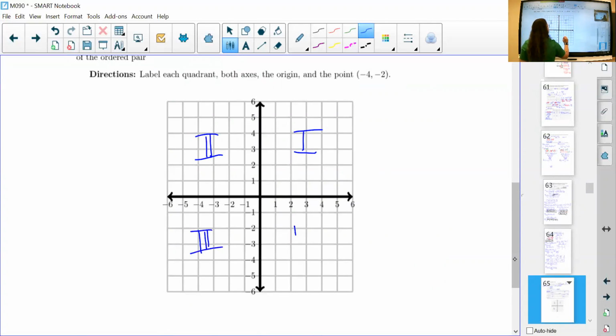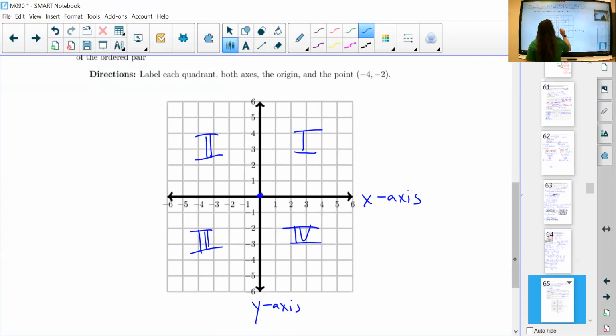Labeling the axes. So the x-axis is horizontal, the y-axis is vertical. I remember that y takes up more vertical space than x does. But there are other ways to remember it too. We needed to label the origin.